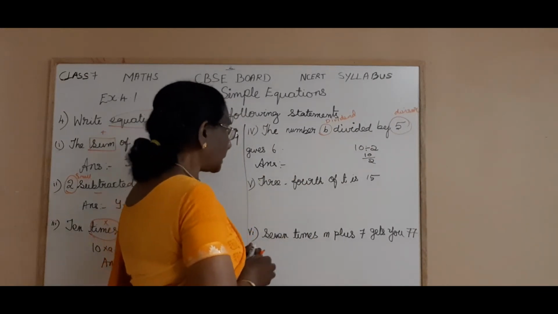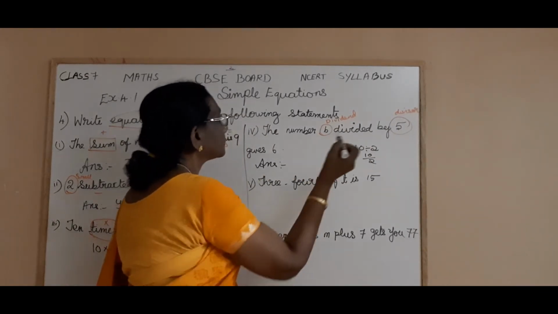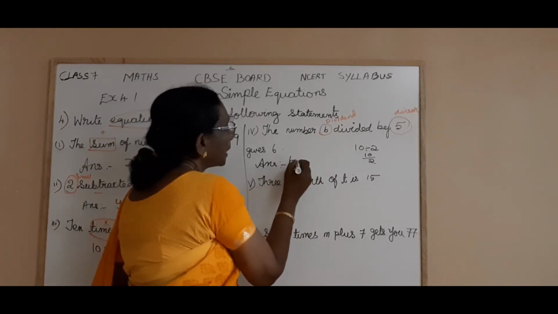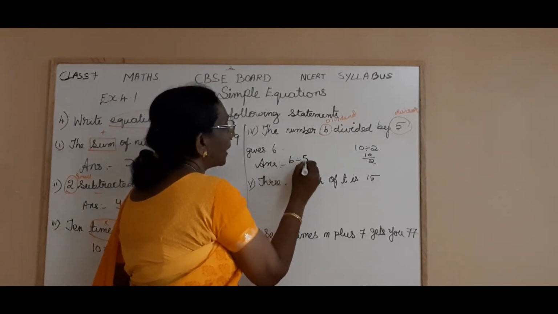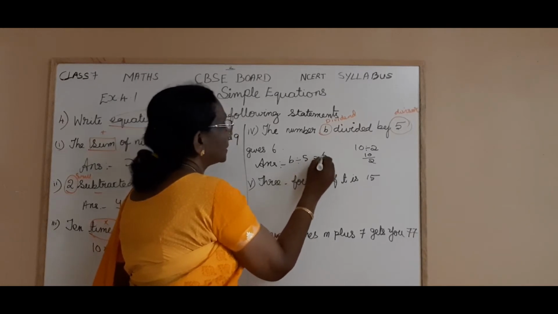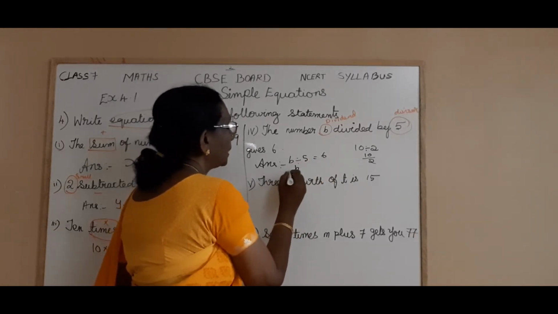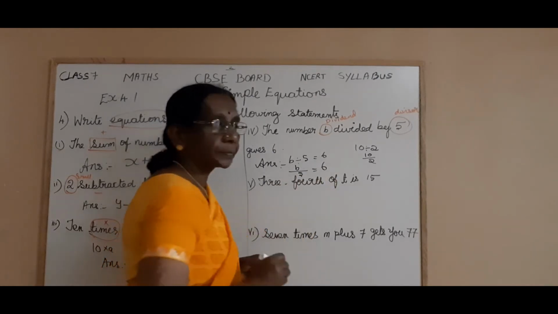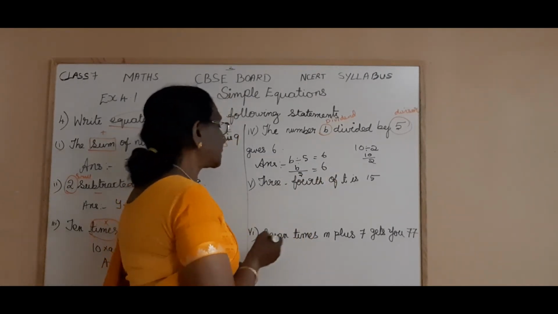Therefore, we will write the answer as what? The number is b. You can write b divided by 5 is equal to 6, or b by 5 is equal to 6. Is it clear?